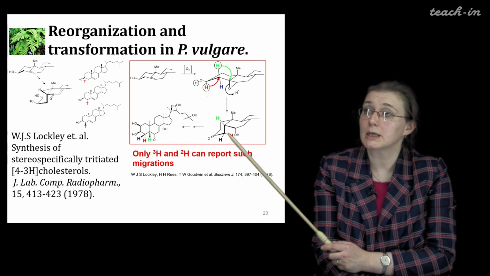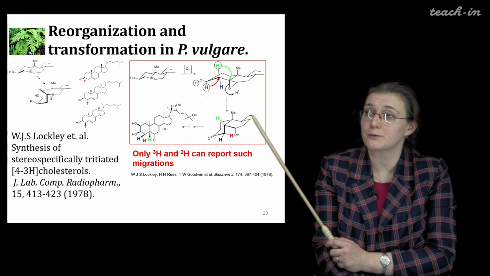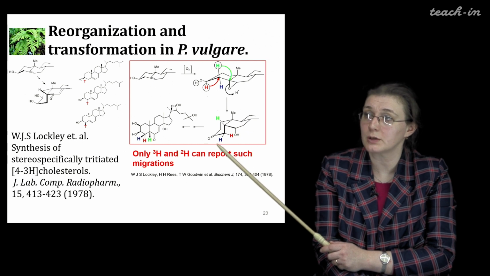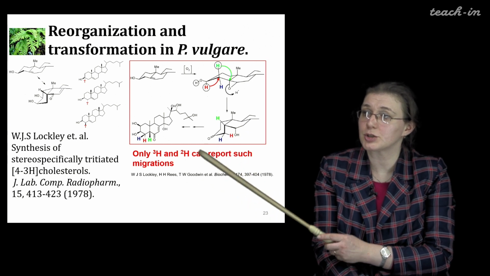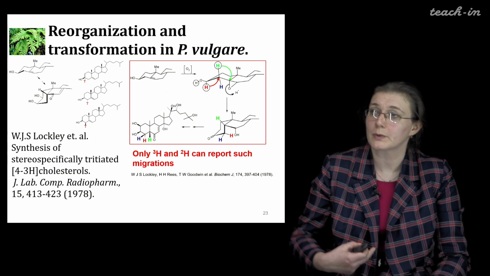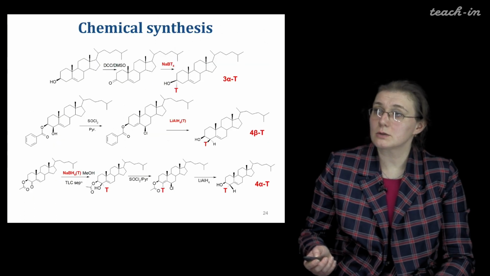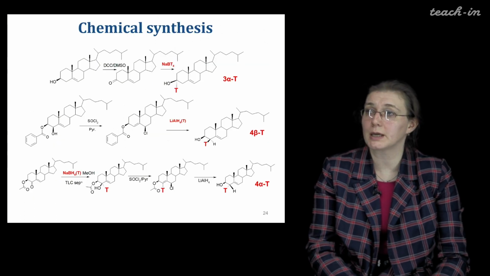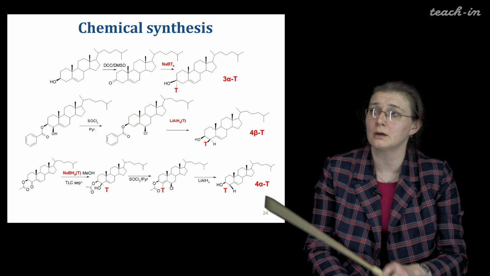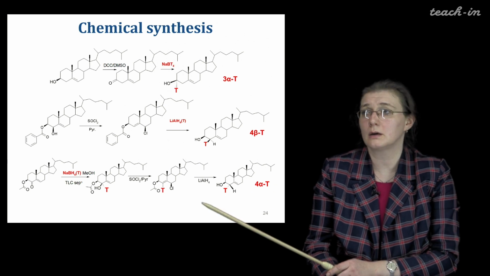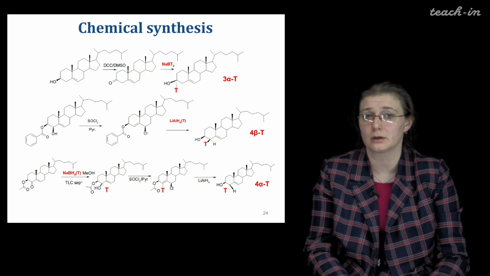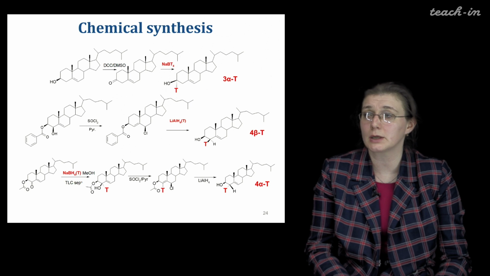So he was the first who found the mechanism of such transformation, and he published his result in the Journal of Labelled Compounds and Radiopharmaceuticals. So here is an example of chemical synthesis, and you understand that we can use isotope-containing materials for introduction of a radio label by an ordinary chemical synthesis.